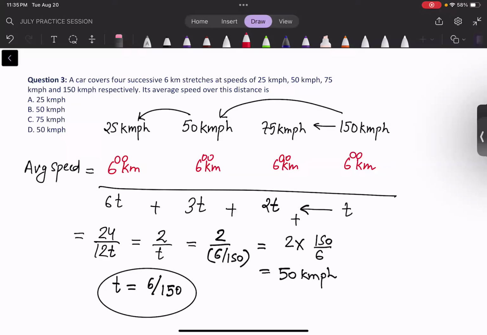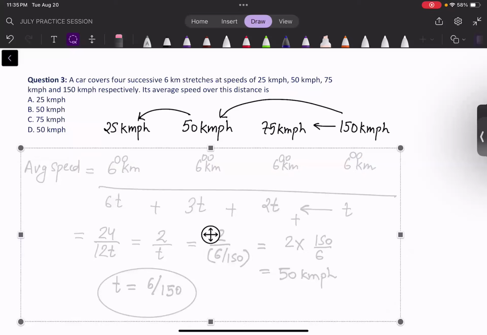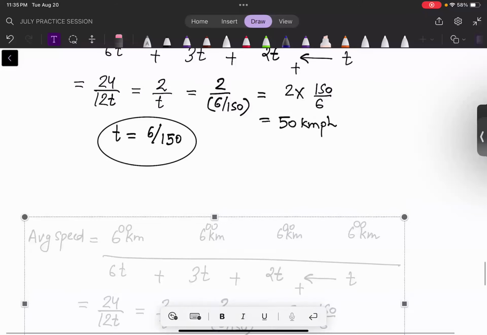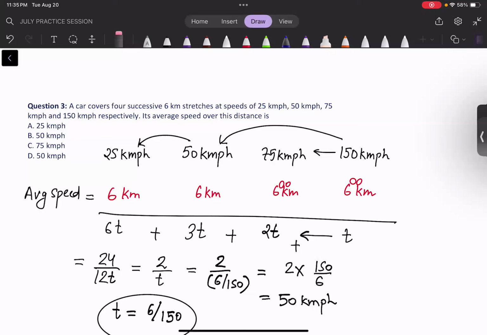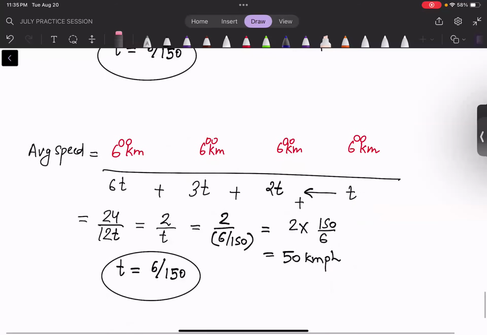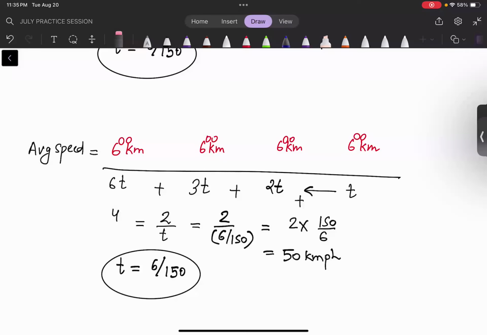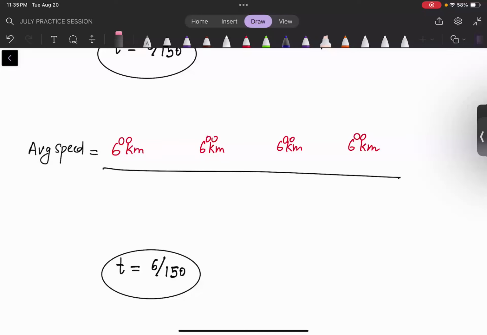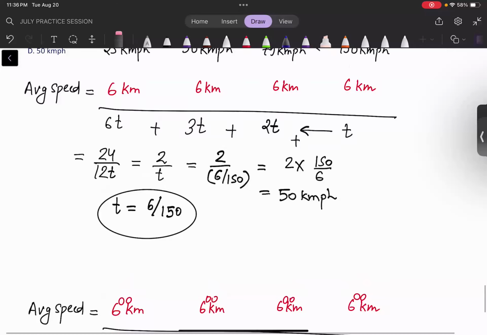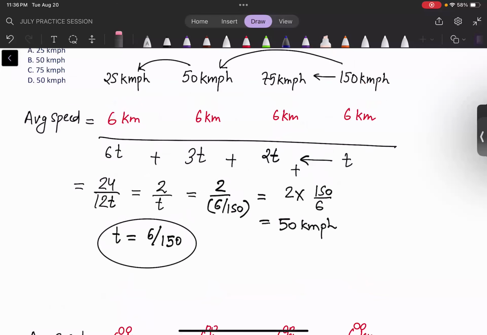Okay, let's check. All right. So I am saying don't take 6, because if you apply the formula, distance divided by speed, 6 by 150 is a decimal value.